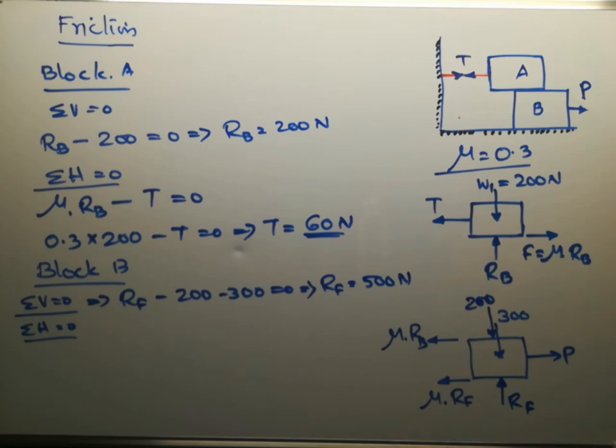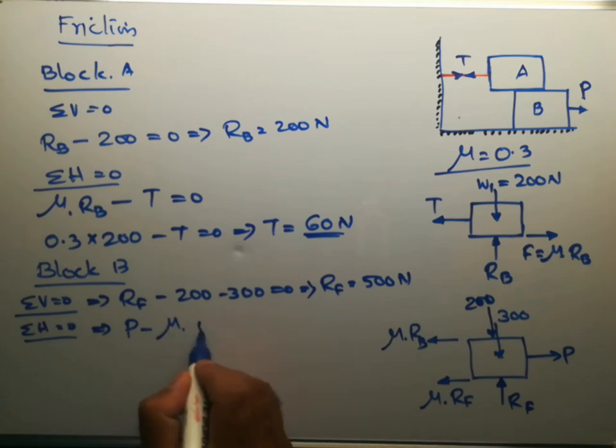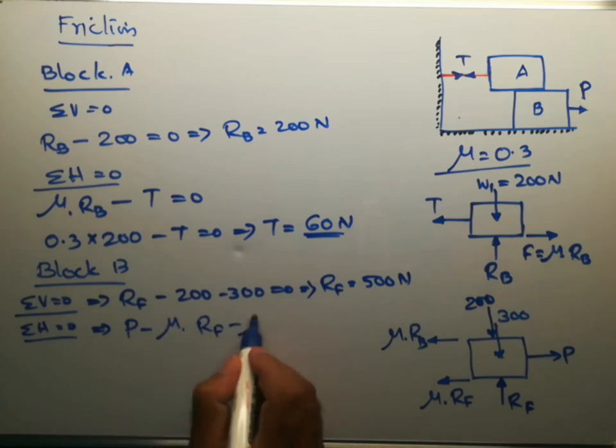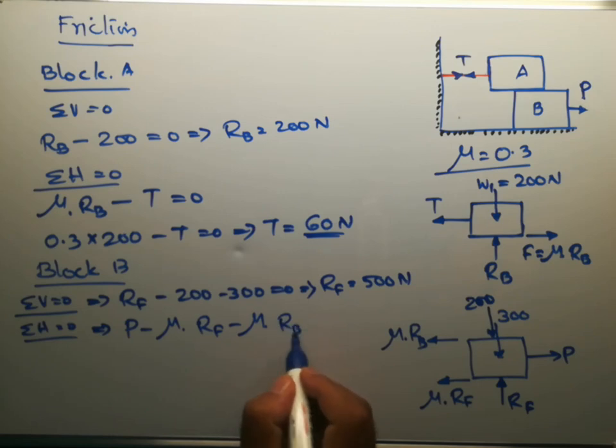It is not moving, it will move in the next moment. So sigma h equal to 0 means P is taken as positive because it is acting in the left to right direction. So P minus mu into RF minus mu into RB, that is equal to 0.